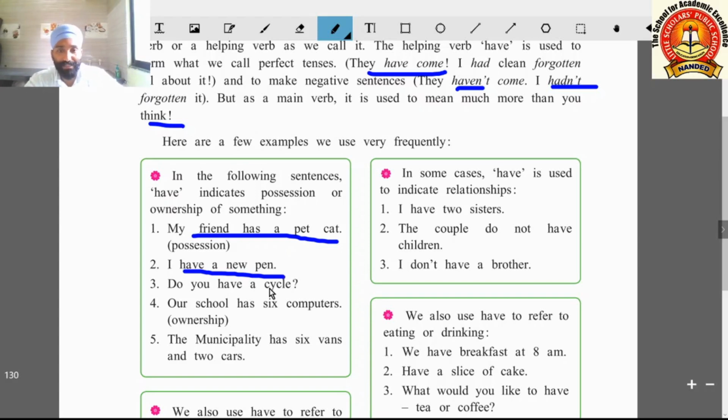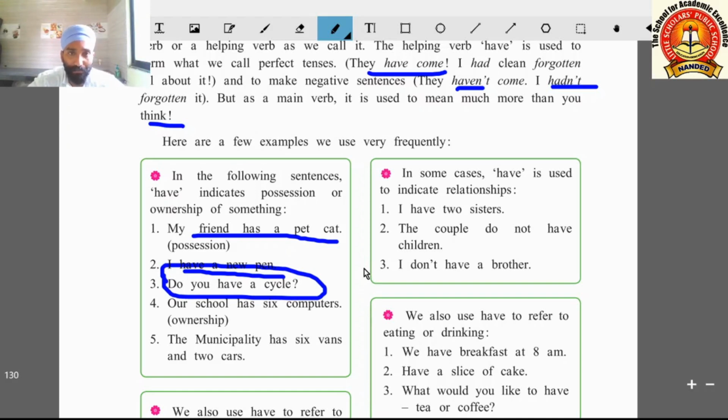Do you have a cycle? In this sentence, a question is there. So here, if we are using have as a main verb to form a question or a negative sentence, we have to take the help of the helping verbs do, does, did, and this is how we make sentences.